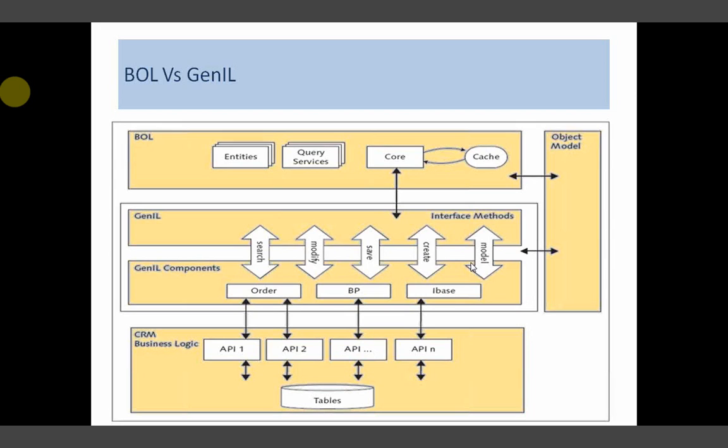Now SAP CRM came, I don't want to put different data modeling. Data model is nothing but the structure in which the data resides at runtime. So I don't want a separate one for BOL and a separate one for GENIL. It should be uniform so that there won't be any confusion. So modeling will be available through the model method.